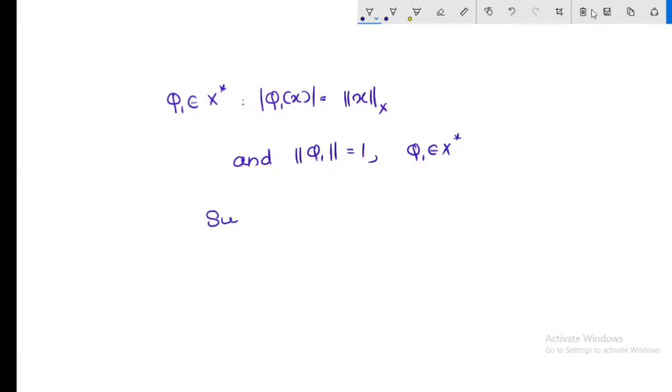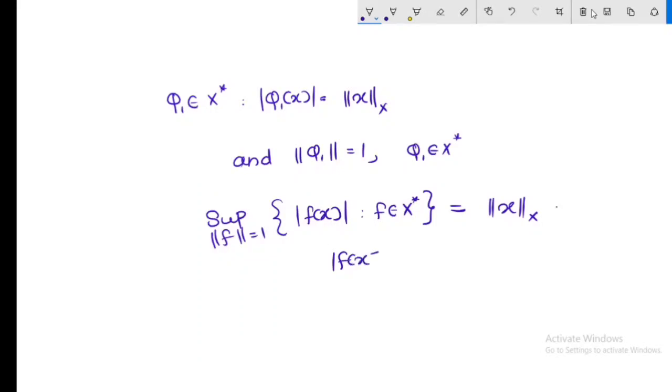Therefore, the supremum of the set of all modulus of f(x), such that f belongs to X* with norm of f equal to 1, is equal to norm of x, because modulus of f(x) is always less than or equal to norm of x for every f belongs to X* with norm of f equal to 1.